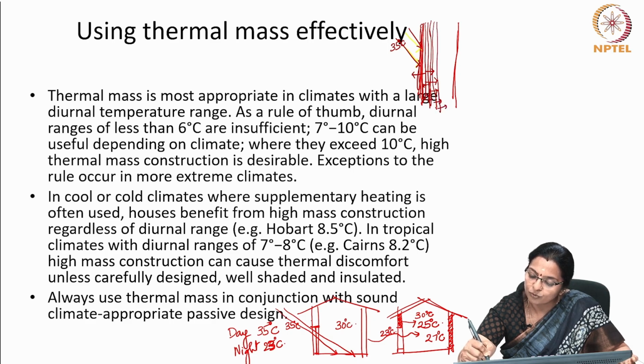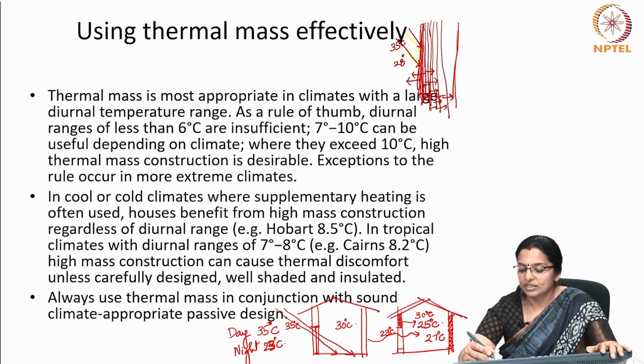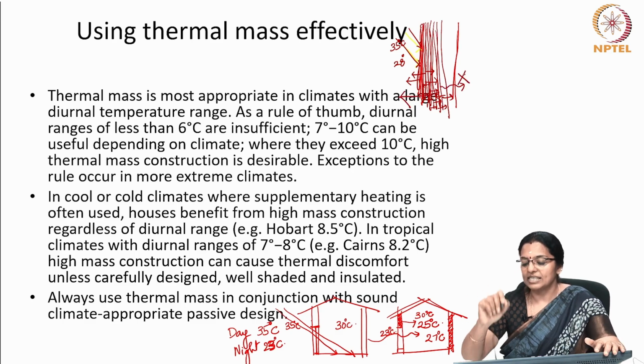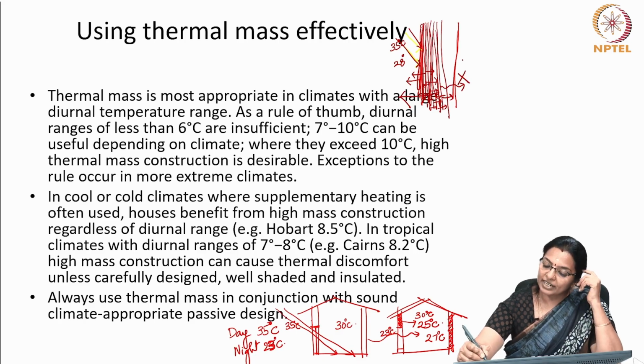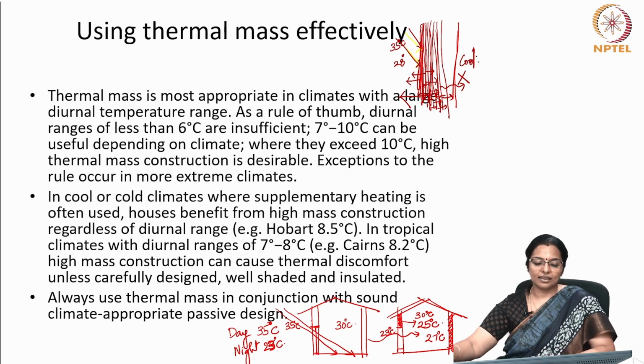By evening, this 35 degrees becomes, say, 30 degrees or 28 degrees, which means this wall is now going to only radiate on the outside. So each of the layers will only keep radiating towards the outside and there is no heat radiated on the inside, and therefore the indoors will remain cool. This is the concept of using the thermal mass.